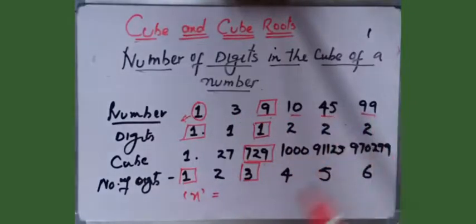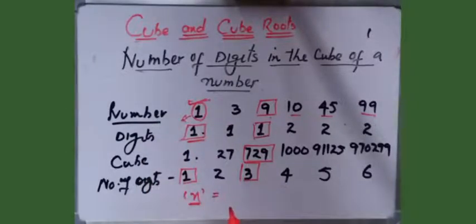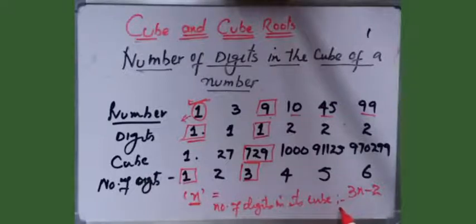Based on this we can conclude that if there are n digits in a number, the number of digits in its cube will be at least 3n minus 2, and at most 3n.